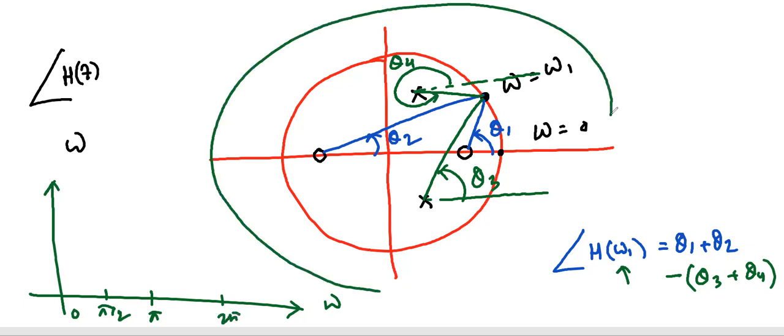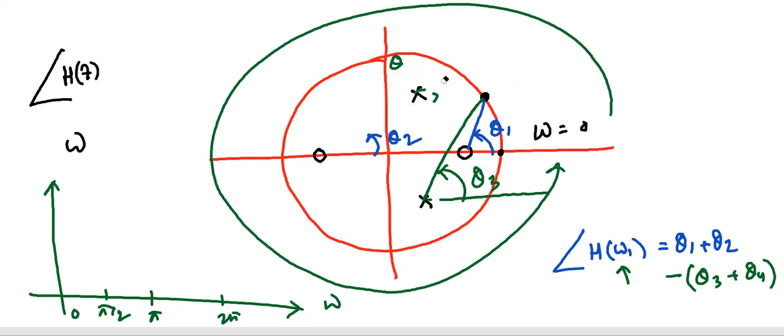So we start with 0 and go up to twice pi. If we want to calculate in a similar fashion for omega equals 0, we can find the value very easily.